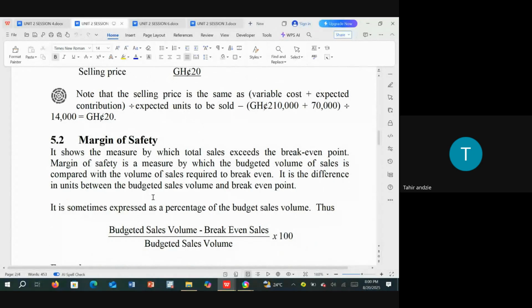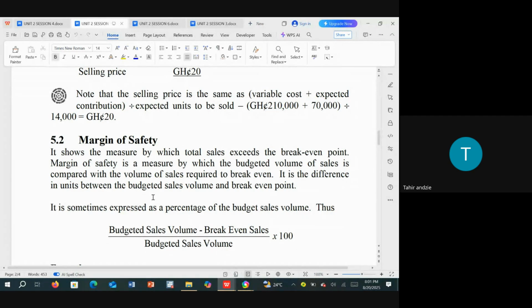Then you come to the margin of safety. Margin of safety shows the measure by which total sales exceed the break-even point. Remember that I made mention of this margin of safety when we were talking about the break-even chart. We said the margin of safety is the difference between the break-even point in units and the maximum sales units, or the break-even point in value and the maximum sales value.